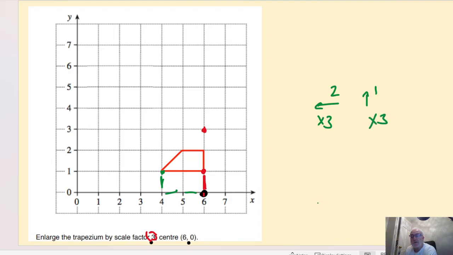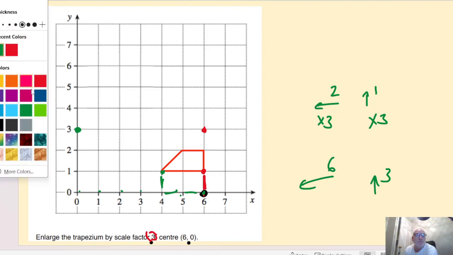So 3 times 2 gives me 6, so I'm going to do 6 along, 3 times 1 is 3, and I'm going to do 3 up. So from my centre of enlargement, 1, 2, 3, 4, 5, 6, 1, 2, 3. So that point is going to be my bottom vertex.